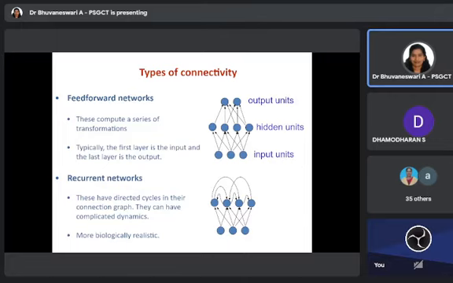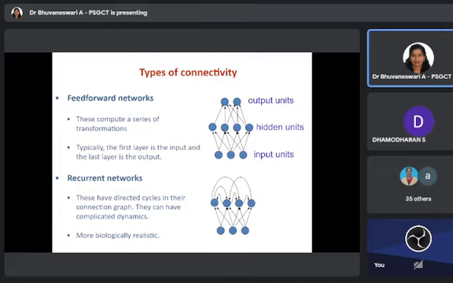However, though the connectivity is complex, it's more biologically realistic, because neurons are like this. So it's a more powerful and complex network.